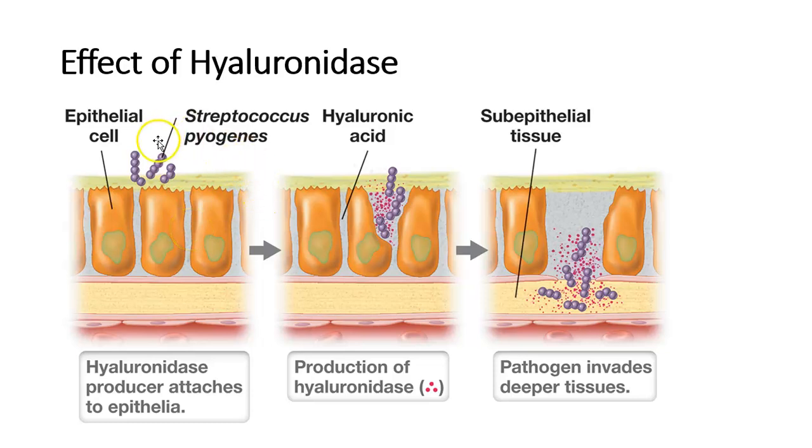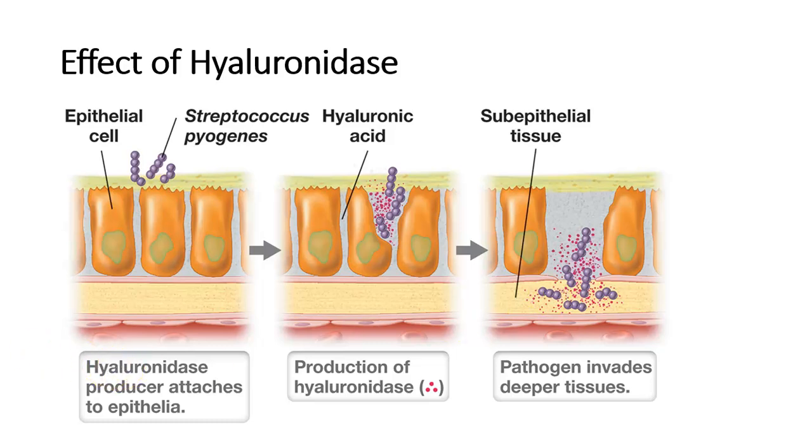When you put strep on here, it has a hyaluronidase that gets secreted, and it allows it to break this hyaluronic acid down, and then it can tunnel through and go into your tissue layers below.